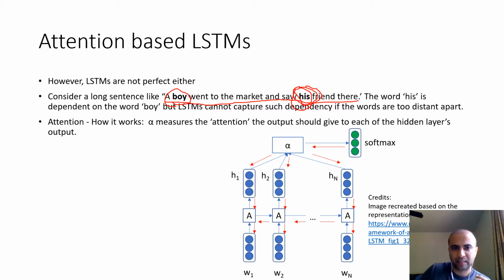So the way attention works is it has a weighting factor where the weighting function decides whether each cell should learn from a cell that was a few layers behind it. That's also the reason why it's called attention.